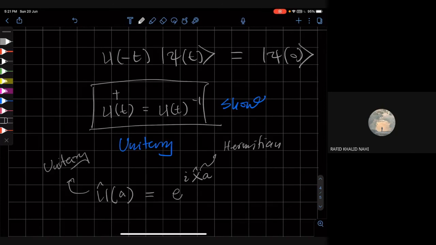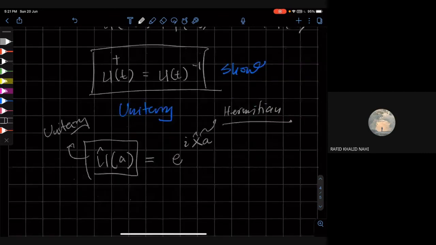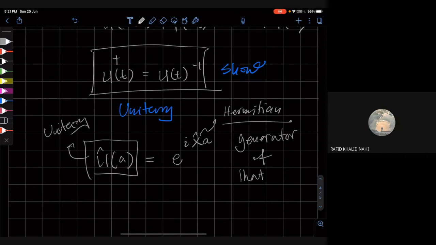And the Hermitian operator that gives rise to this unitary transformation is the generator of that transformation. Okay. All right. Is that clear?